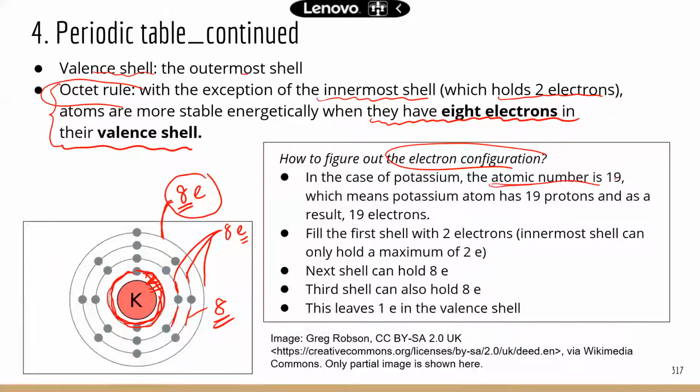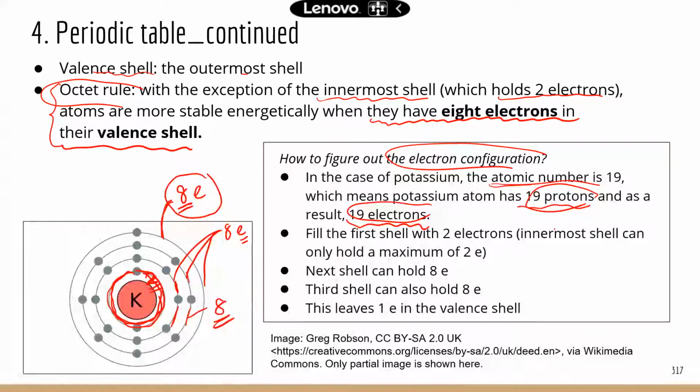I already told you the atomic number is 19, but still go find a periodic table, find potassium and confirm that the atomic number is 19. The atomic number is based on the number of protons. That means the potassium atom has 19 protons. Based on that, you can also figure out that the potassium atom has 19 electrons, because the number of protons and the number of electrons are the same.